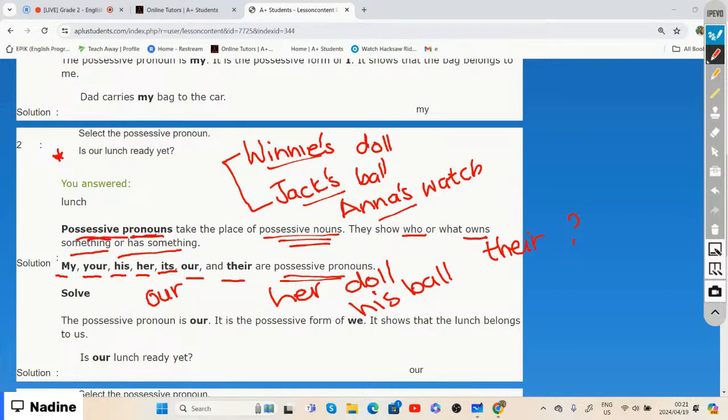Both show possession, who or what owns or has something, but possessive nouns show the name of the person by adding the apostrophe S to indicate that it belongs to that person. A possessive pronoun, instead of the person's name, uses pronouns such as my, your, his, her, its, our, and their.